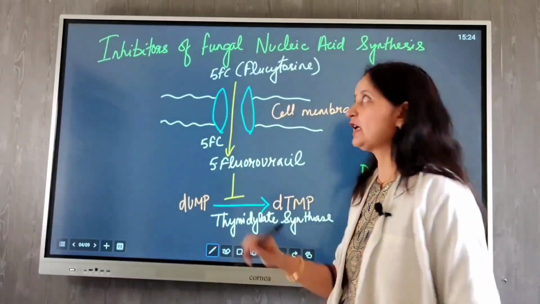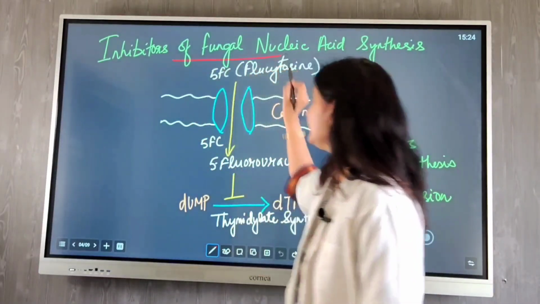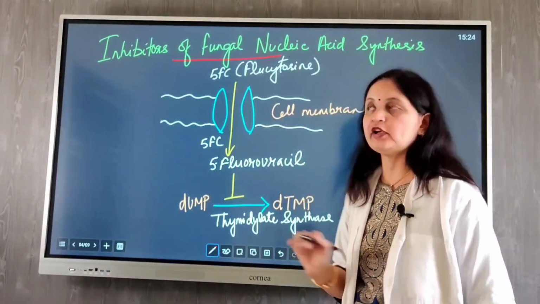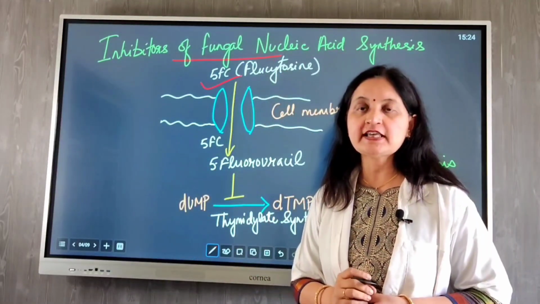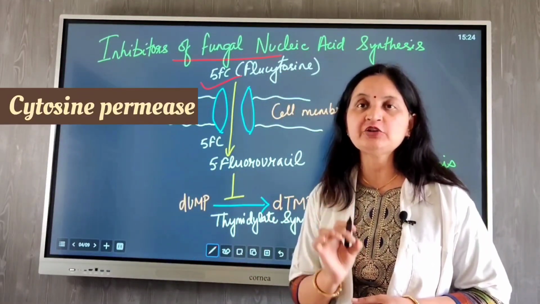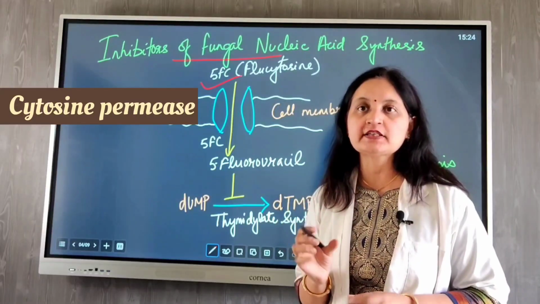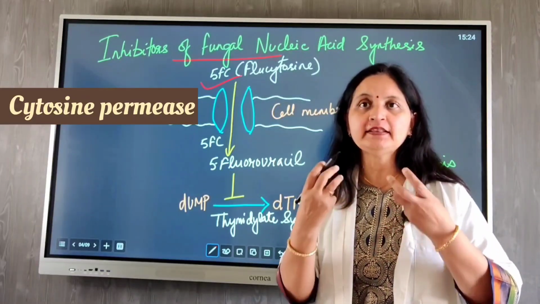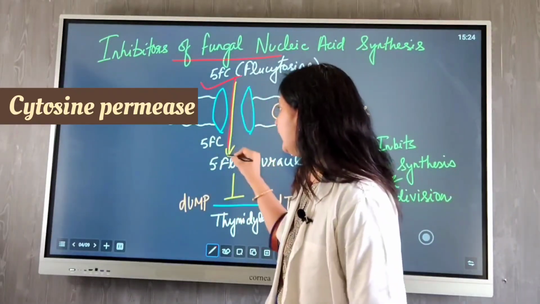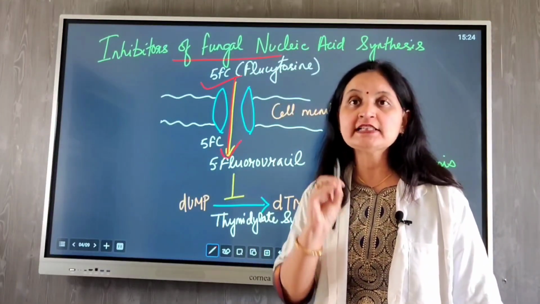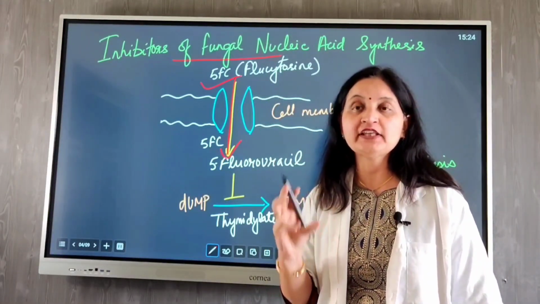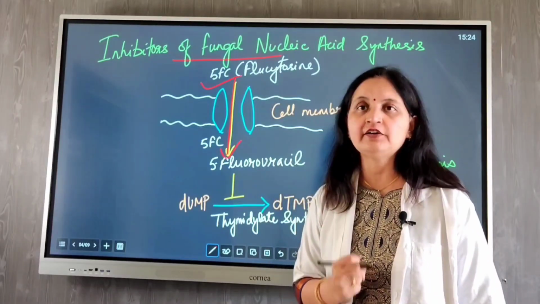The next class of drug is inhibitors of fungal nucleic acid synthesis. That is the drug known as 5-flucytosine, which enters the fungal cell via transporters known as cytosine permease transporters. These transporters help in the entry of this drug into the fungal cell. Do note that human cells lack these transporters and therefore they are protected from the effects of the drug.